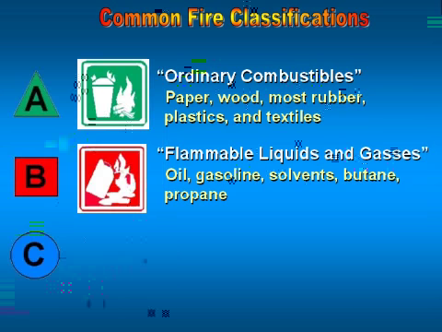Class B fires, on the other hand, are symbolized by the red square with the letter B, and the label itself contains a fixture that us guys in the military are very familiar with called a jerry can, which contained our fuels, gasoline or diesel, oils, 30 weight, 10 weight, FRH fluids, solvents that were used in the field to clean our weapon systems.